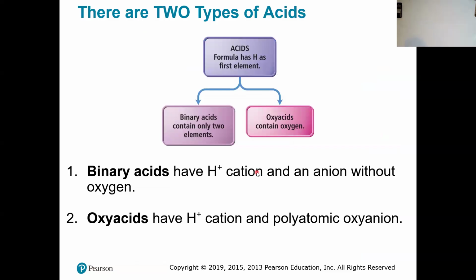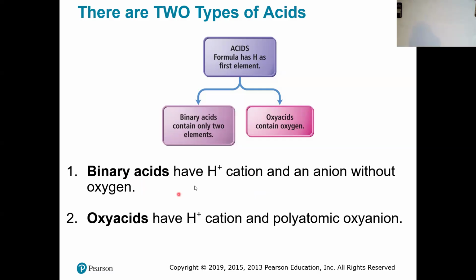Now we want to talk about how we give acids their names. There are two types of acids, and we have two different ways to name acids depending on which category they fall into. We're going to have what are called binary acids, and these are acids that do not have any oxygen in them.